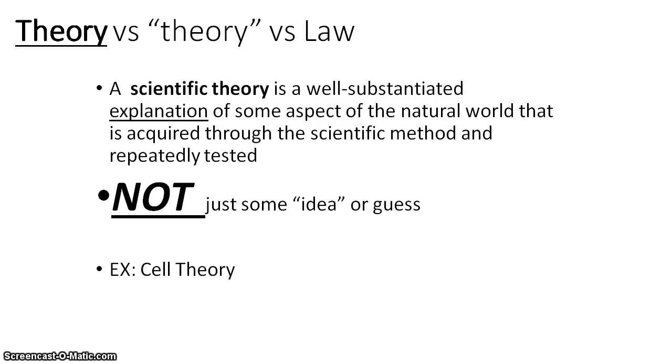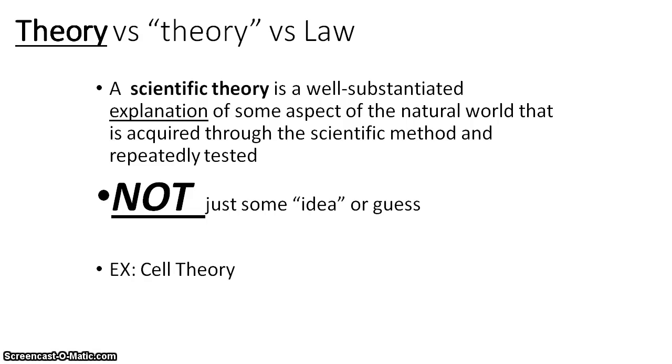Now, a scientific theory is a very well substantiated explanation of some aspect of the natural world that is acquired through the scientific method, and it is repeatedly tested, over and over and over again. It is not just some idea or some guess.